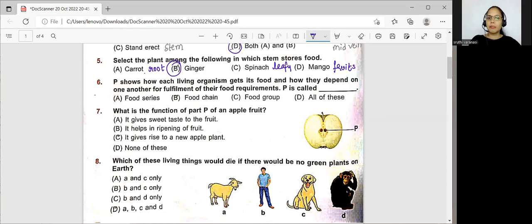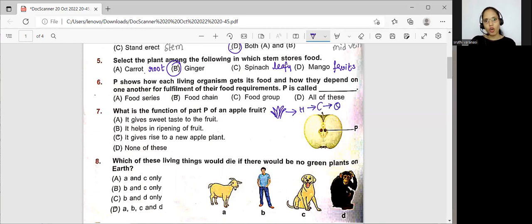Very good. P shows how each living organism gets its food and how they depend on one another for the fulfillment of their food requirements. P is called what? Now, generally, students, in the case of a food chain, what do we see? There's grass. Eating the grass, there are herbivores. Herbivores are eaten by carnivores.